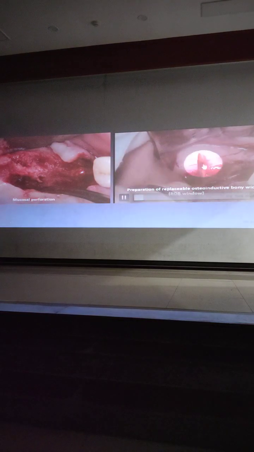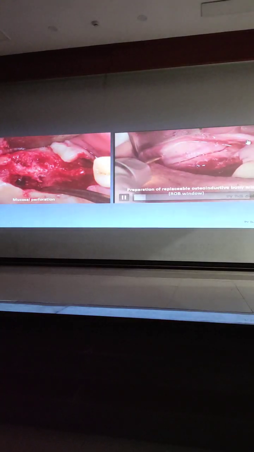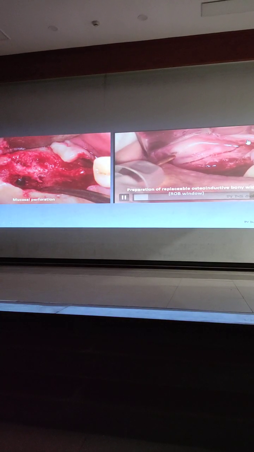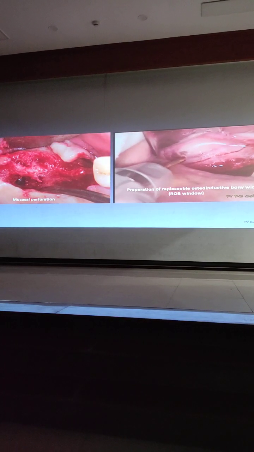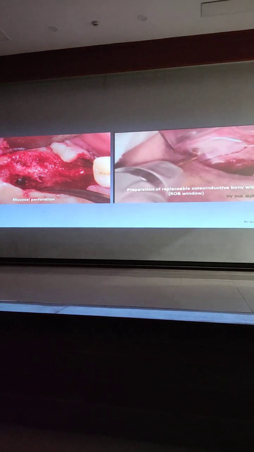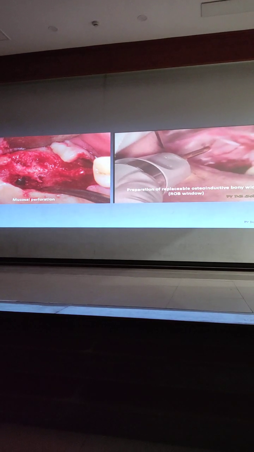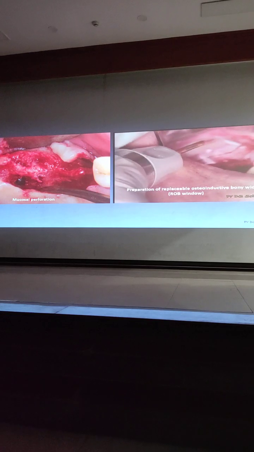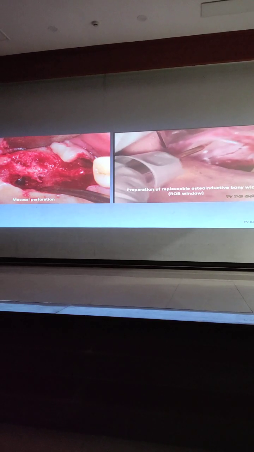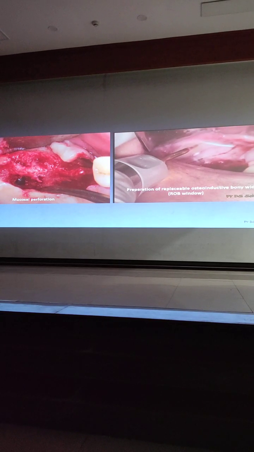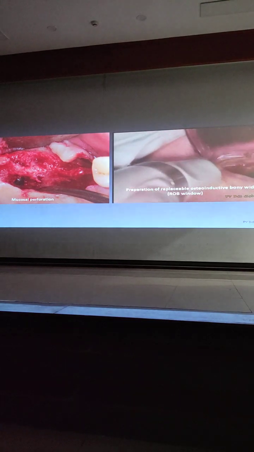You can see the intraosseous artery here on the wall of the sinus cavity. As long as you use piezosurgery for the preparation of a bony window, you don't need to worry about arterial damage during preparation.